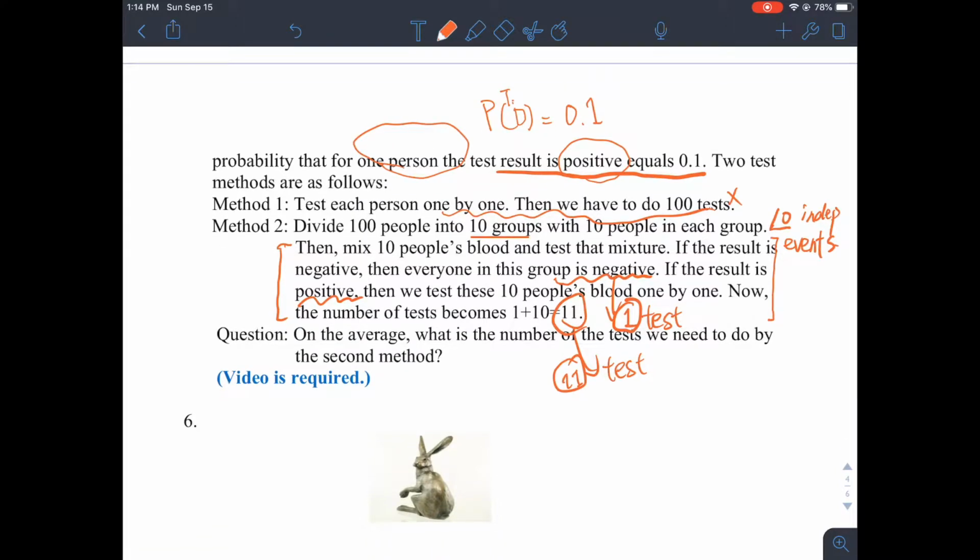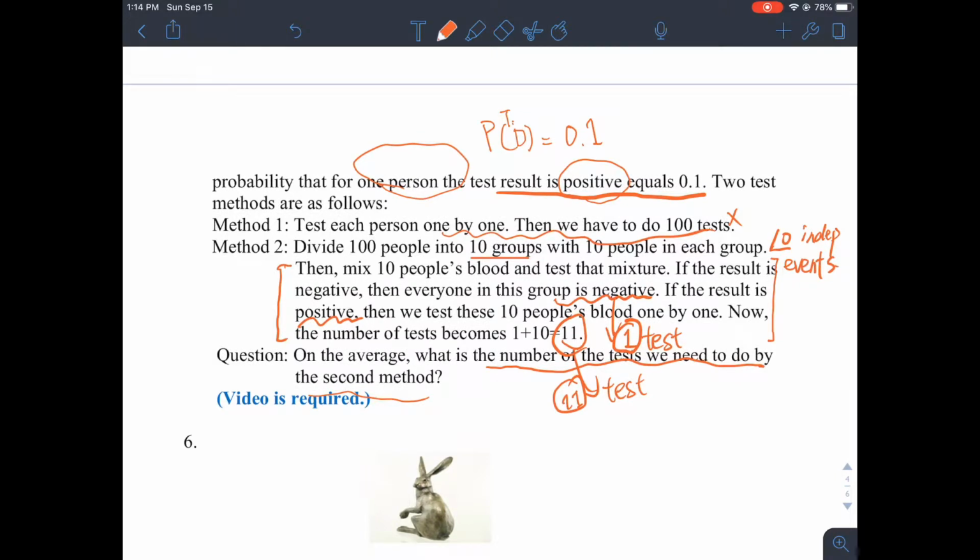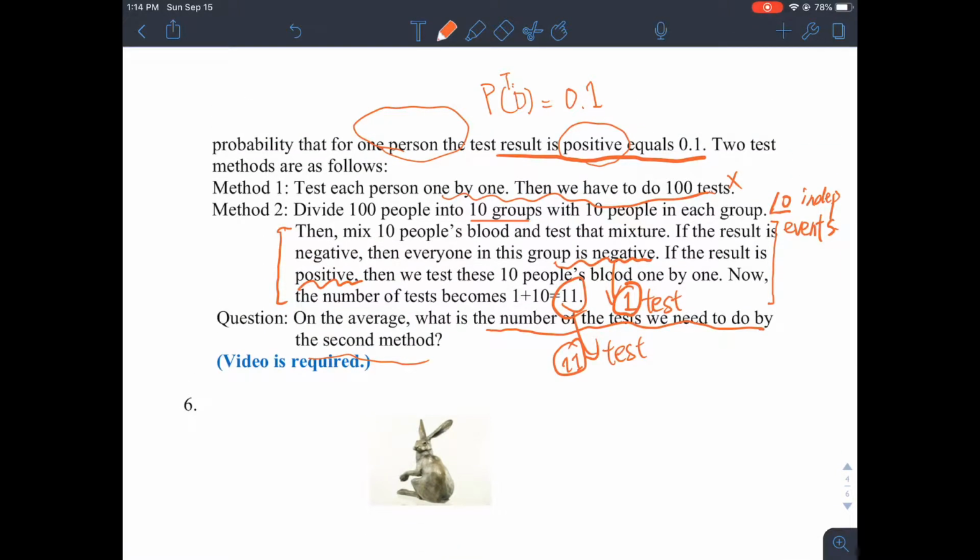The question asks us to describe the number of tests we need to do by the second method. So the information we can summarize is whether the one test is positive or negative, and the second case is 11 tests.